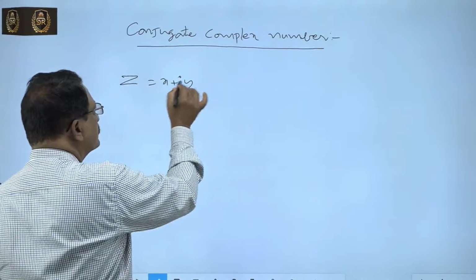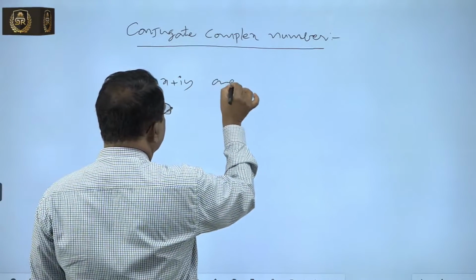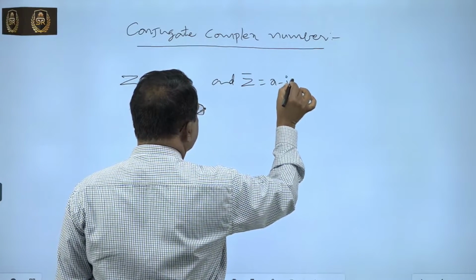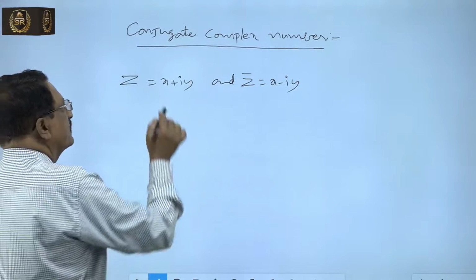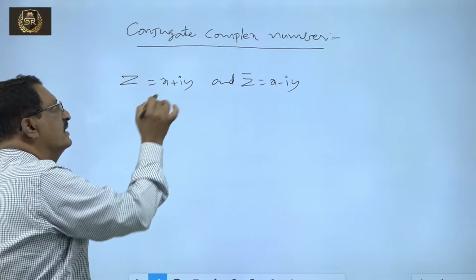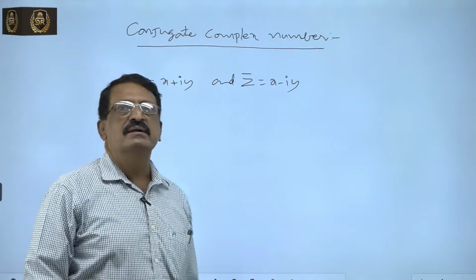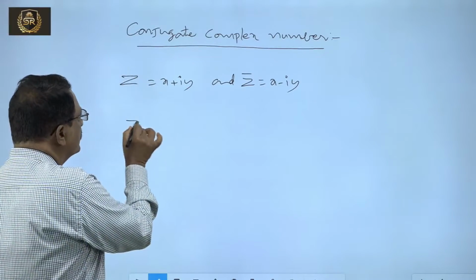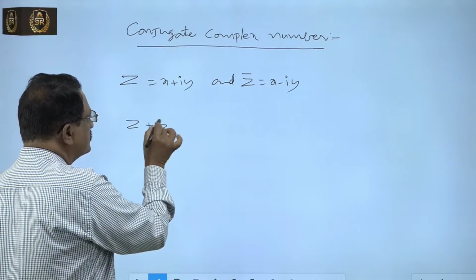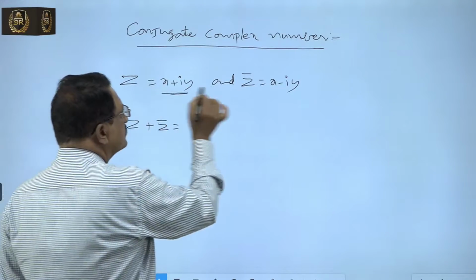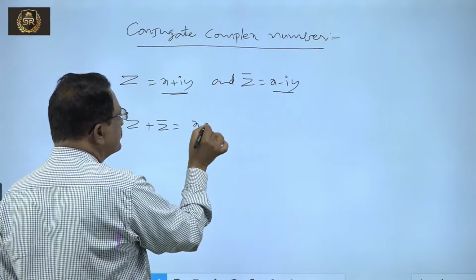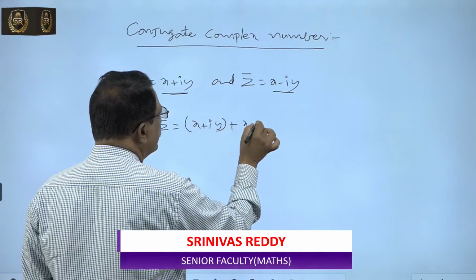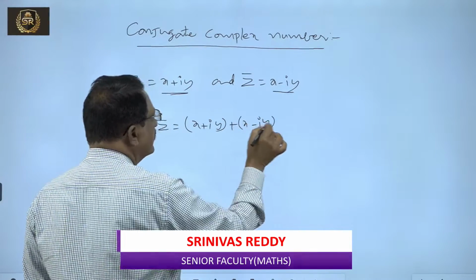If z equals x plus iy and z bar equals x minus iy, because z is a complex number and its conjugate denoted by z bar equals x minus iy. Now what is the value of z plus z bar? Adding these two, x plus iy plus x minus iy equals 2x.